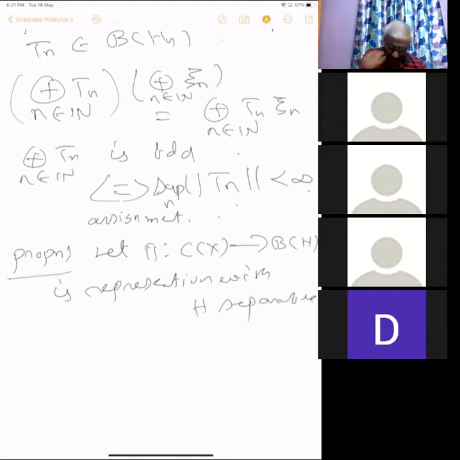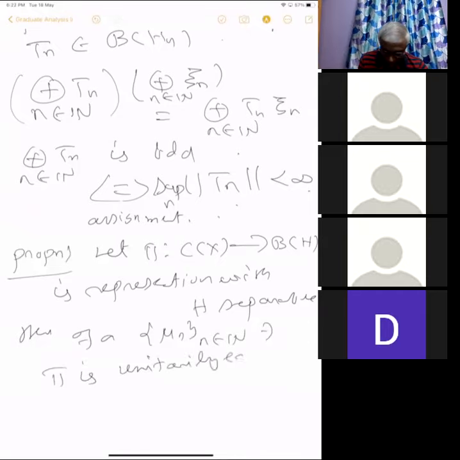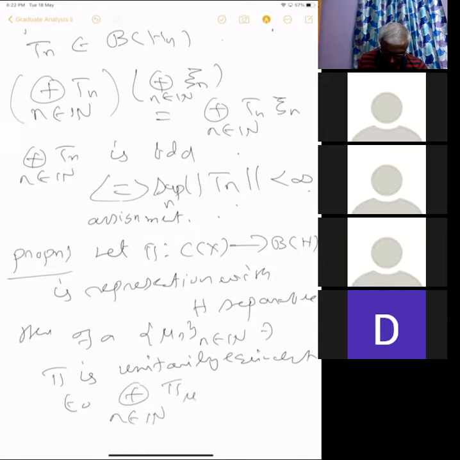If we take our usual cyclic representation, which is given by a measure, then it is automatically separable, but here we have to assume it. With H separable, there exists a countable collection of measures mu_n, n in N. It can be finite also, but at the most it's countable, such that pi is unitarily equivalent to the direct sum of the pi_{mu_n}.